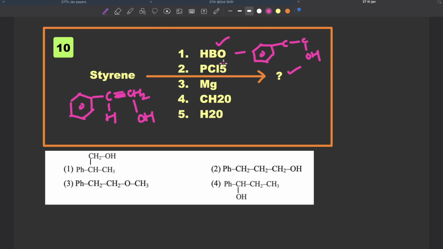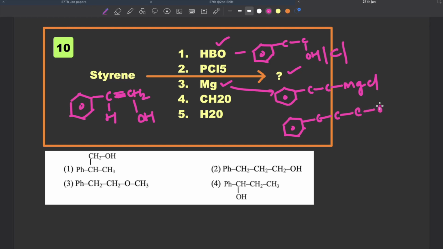Of course, when it is treated with PCl5, this OH will be replaced by Cl. Again it reacts with magnesium, so we get the product where phenyl, 2 carbons and magnesium chloride is formed. Later it is treated with formaldehyde. Of course, formaldehyde gives us the alcohol, a primary alcohol is formed. So this product is the final product here.